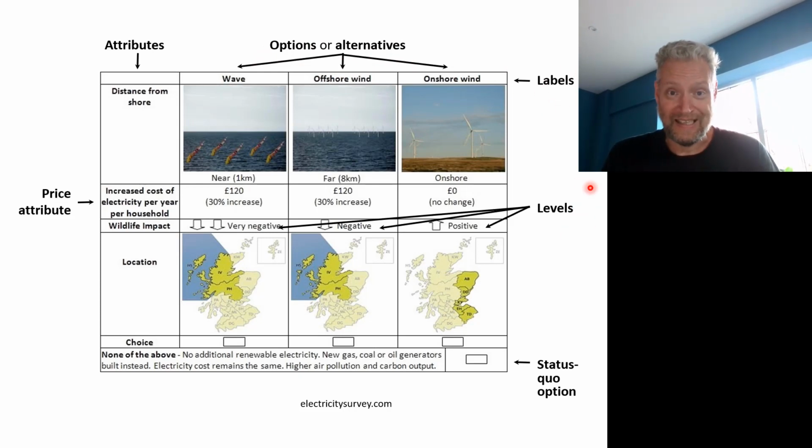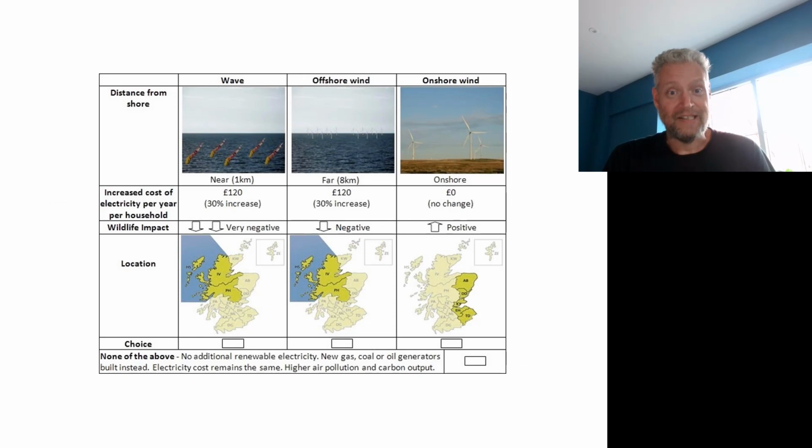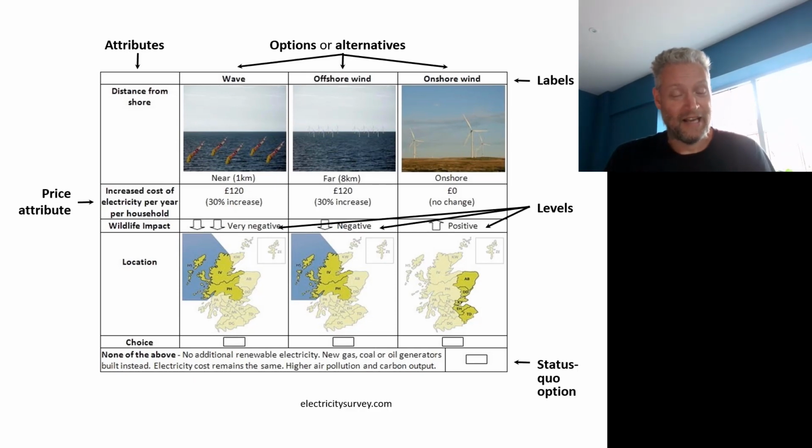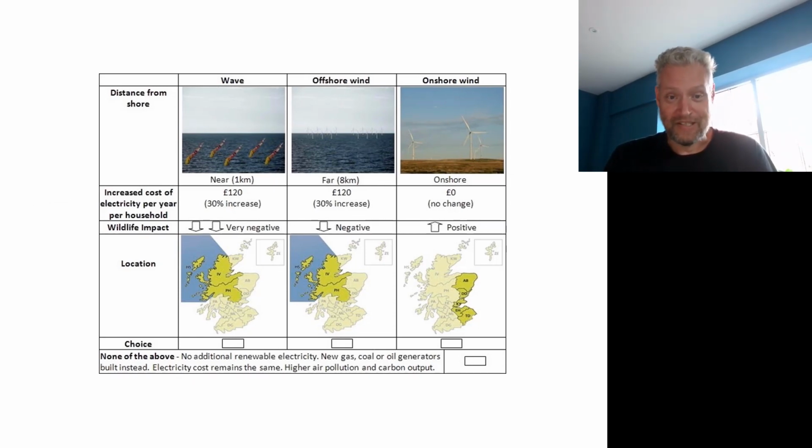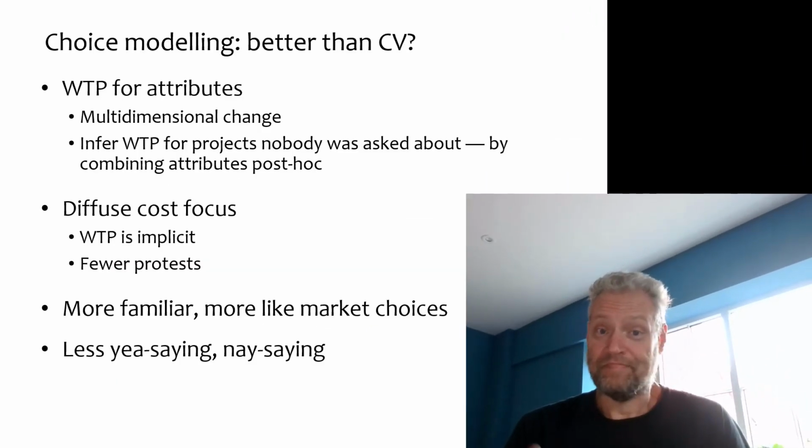You need to define the levels of the attributes per option, and it's important to always include a status quo option. This is of course not what the respondents see. This is not what the interviewees get in front of them. They see this, right? This is what the analyst has in mind. This is what the respondent sees.